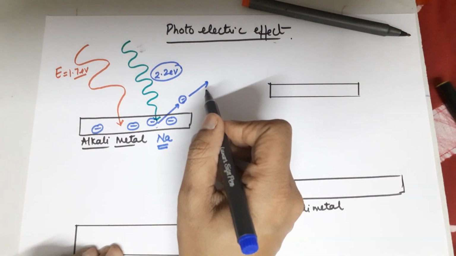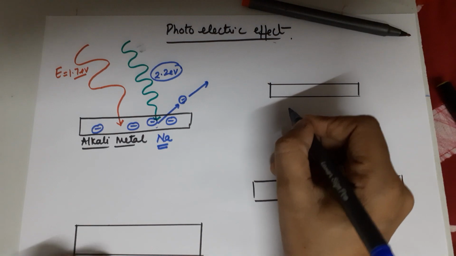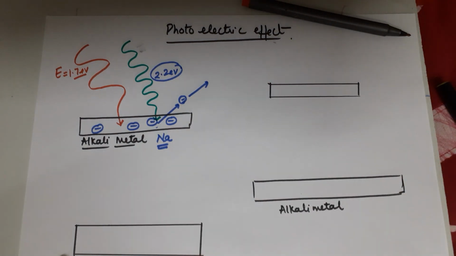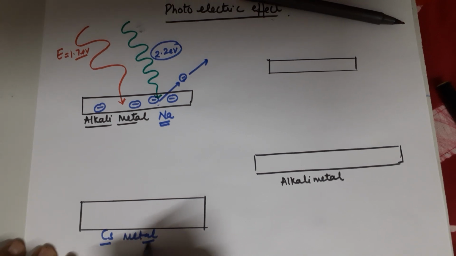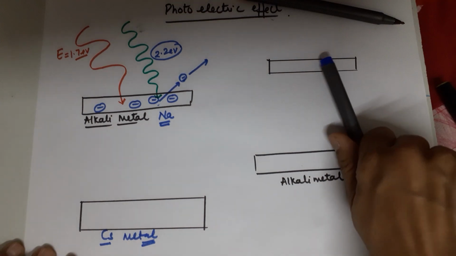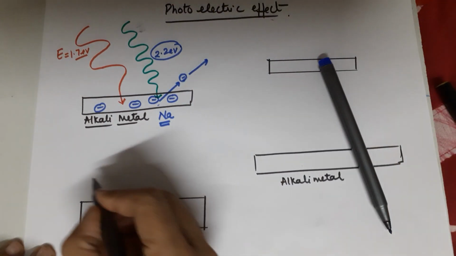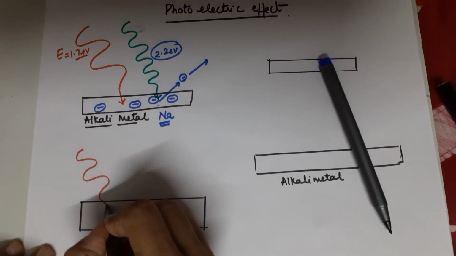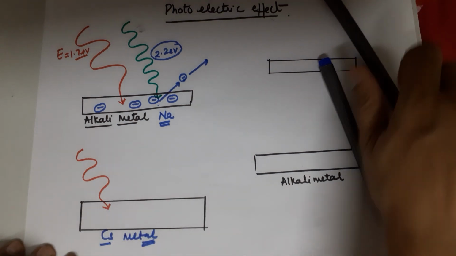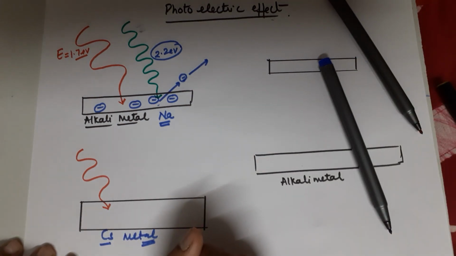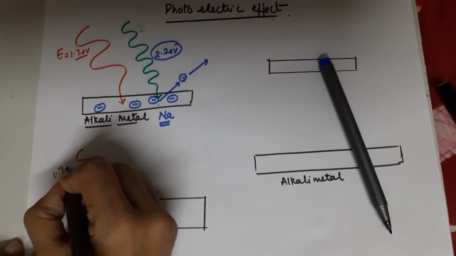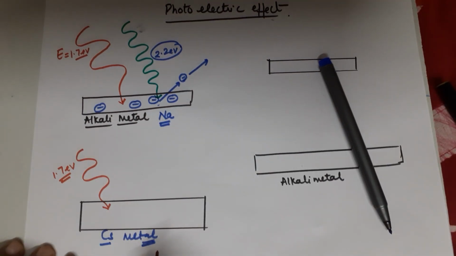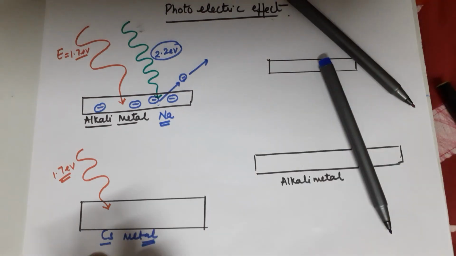Fine. Now coming to cesium. If I have cesium as the metal, this cesium metal is again an alkali metal. This is the best metal for photoelectric effect, but still, isme bhi, if I use the red light, there is no photoelectric effect, which means again the energy requirement is more than 1.7 electron volts. Fine. So now I use the yellow light.